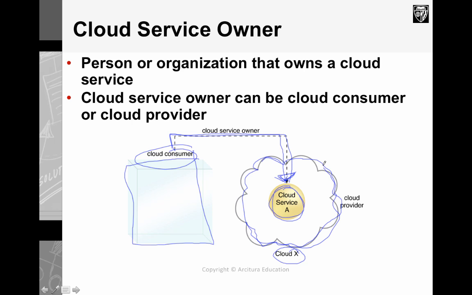So the point I'm trying to show you here is that a cloud consumer can deploy his services inside a cloud provider so the end users can use that particular service. Now, this is a guy right here, so the end users can actually access that particular cloud service. So that is the definition of a cloud service owner. A cloud service owner is somebody that owns a cloud service. In this particular case, Joe's Pizza Shop. Joe has ordered his own service and is deploying it into the cloud.